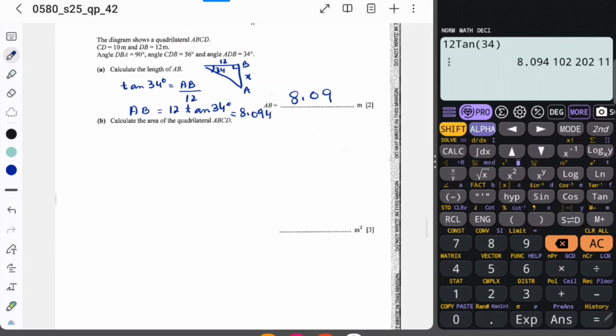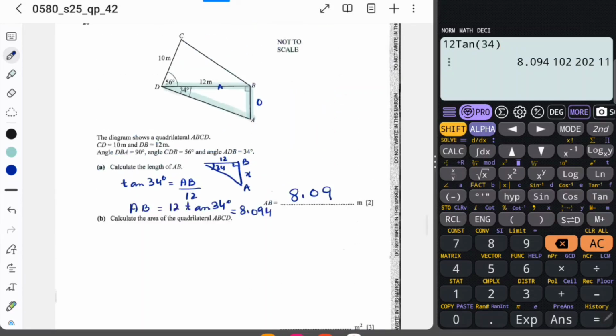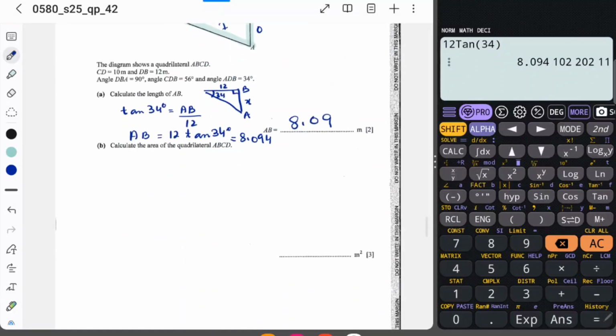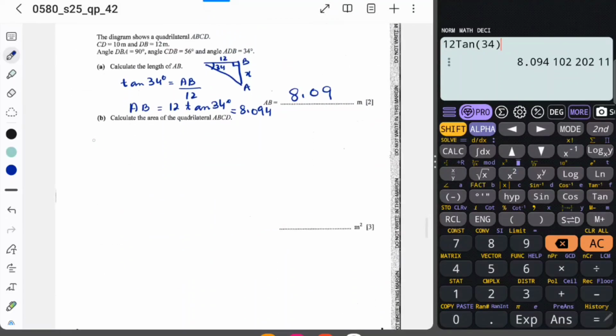Calculate the area of the quadrilateral ABCD. The whole quadrilateral is made of the first one, ABD, and the second one, BCD. So we are going to add the areas of both triangles: area of triangle ABD plus area of triangle BCD.